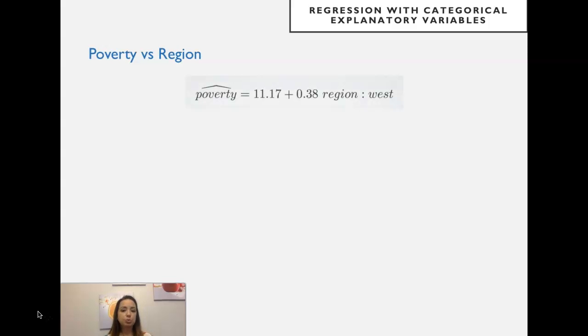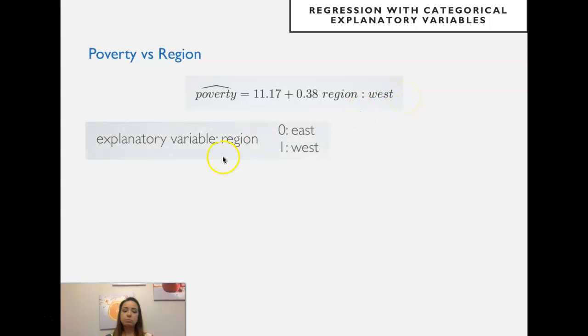So poverty versus region. Is there a relationship between poverty and the region, the particular region a state is from? So here is the model. You have poverty equals 11.17 plus 0.38 region colon west. So let's understand what this is.